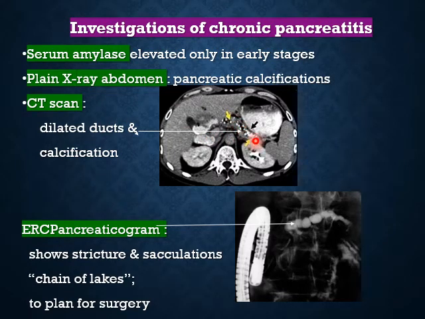There, can you see here, dilated pancreatic ducts with calcification. Here ERCP shows you the same, multiple areas of strictured pancreatic ducts with dilatations, and these are known as chain of lakes or beaded appearance.